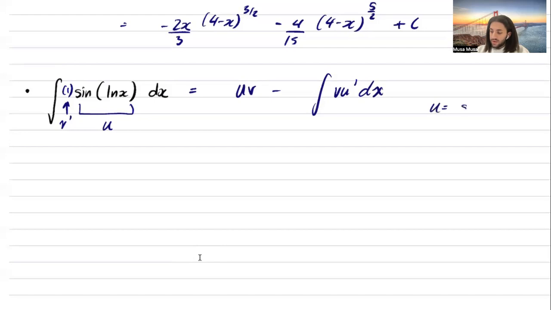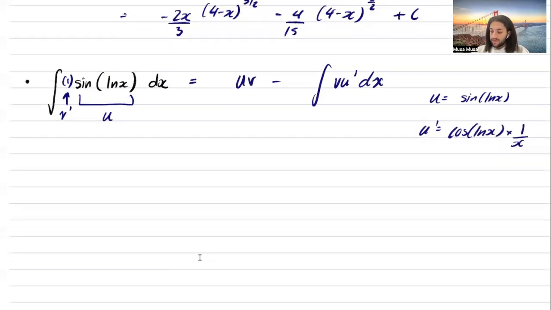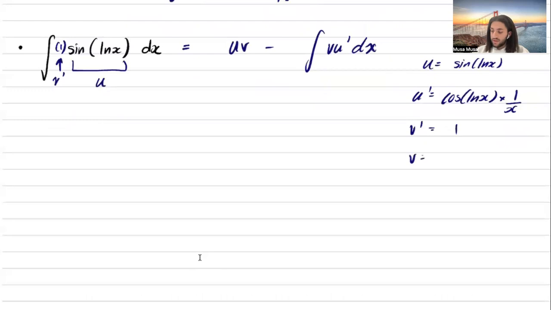u equals sine of ln of x. u dash equals, well, first the sine goes to cosine of the same argument, then you multiply by the derivative of that argument, so multiplied by 1 on x. Then v dash equals 1, which means v equals x.